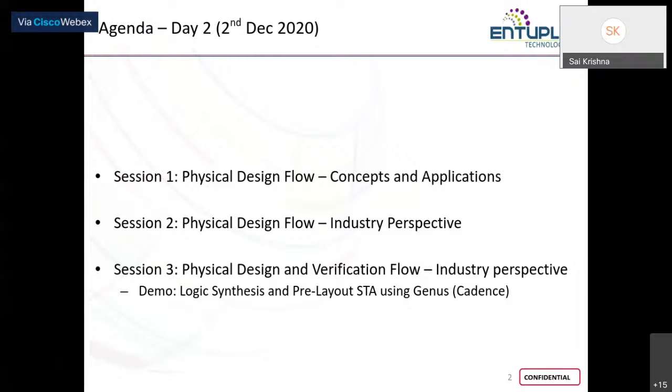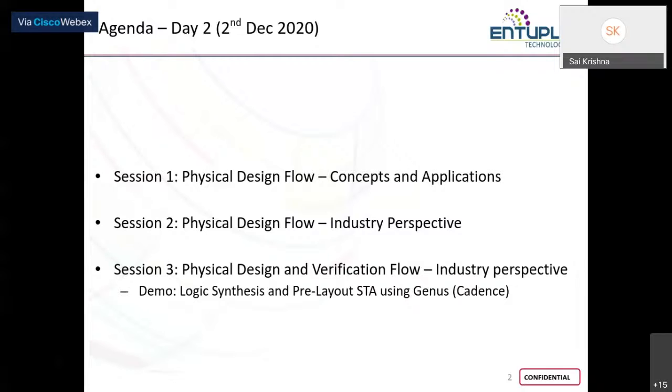And during synthesis, we have seen each of its inputs in detail, what are its content, what is its importance, and how do they actually affect the flow. And through translation, mapping, and optimization, we have done the synthesis on Cadence Genus tool, and you have also seen the timing, area and power reports.